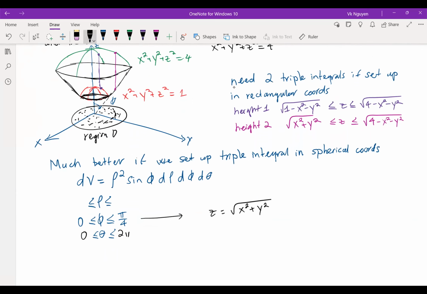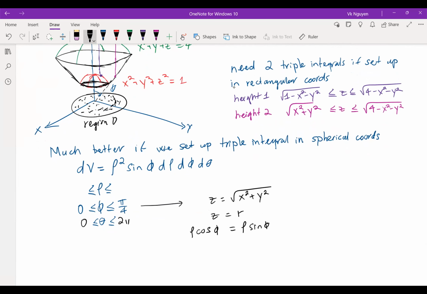Z is rho cosine phi, and the radius is rho sine phi.